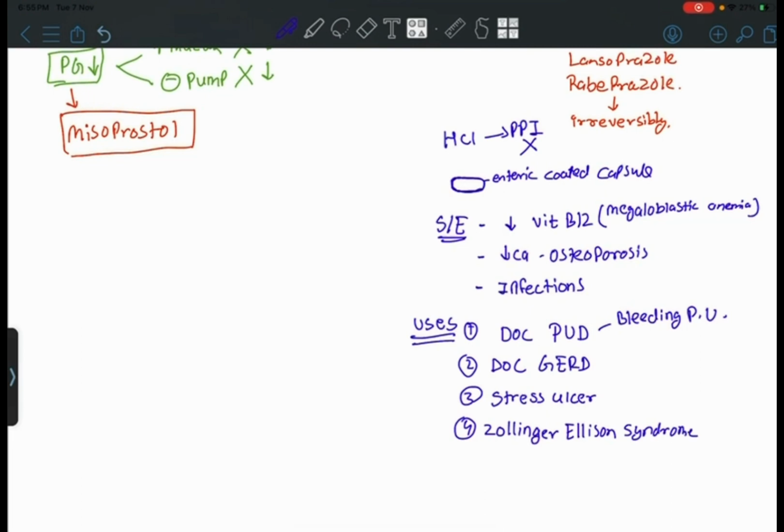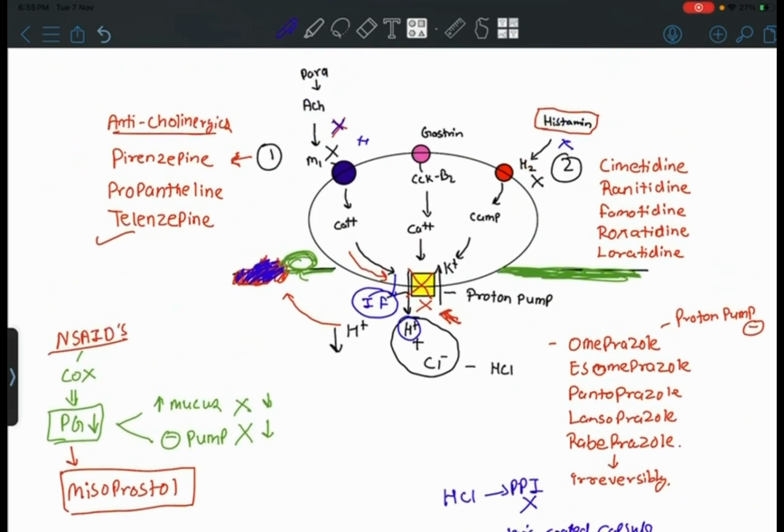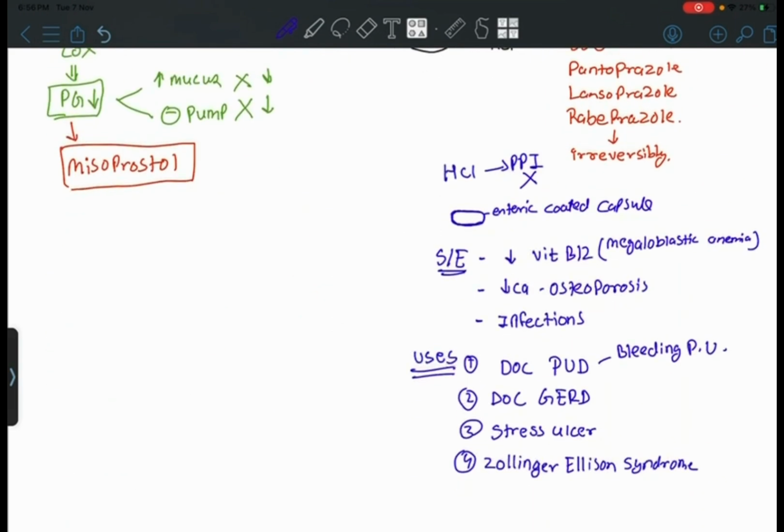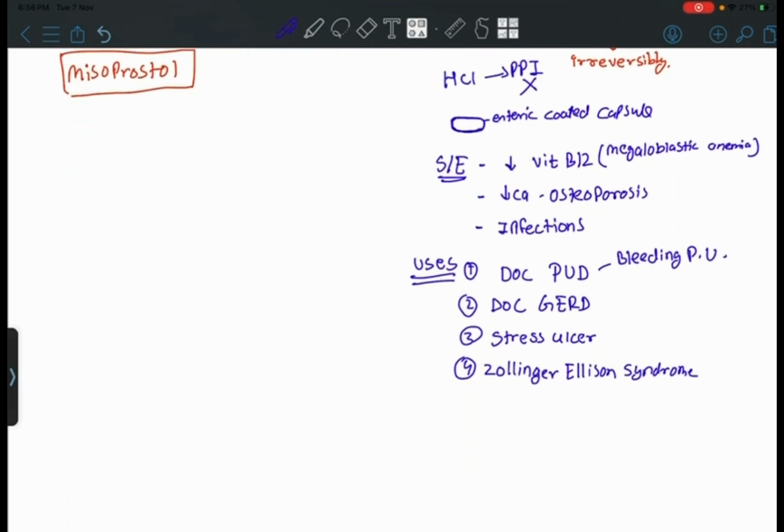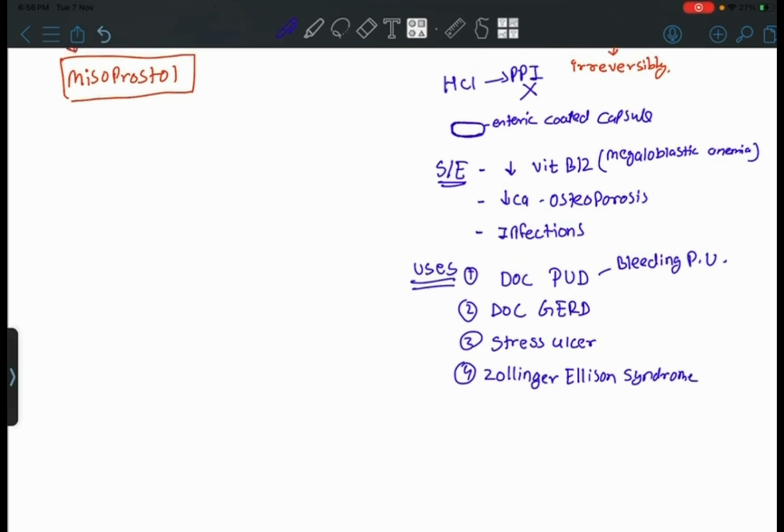There is a gastrinoma, which secretes a large amount of gastrin, due to which more proton pumps will be stimulated and more acid will be there. So we need to suppress that, and in that condition we will use it. And in stress ulcer we will give the proton pump inhibitor IV. We can use IV pantoprazole or rabeprazole.